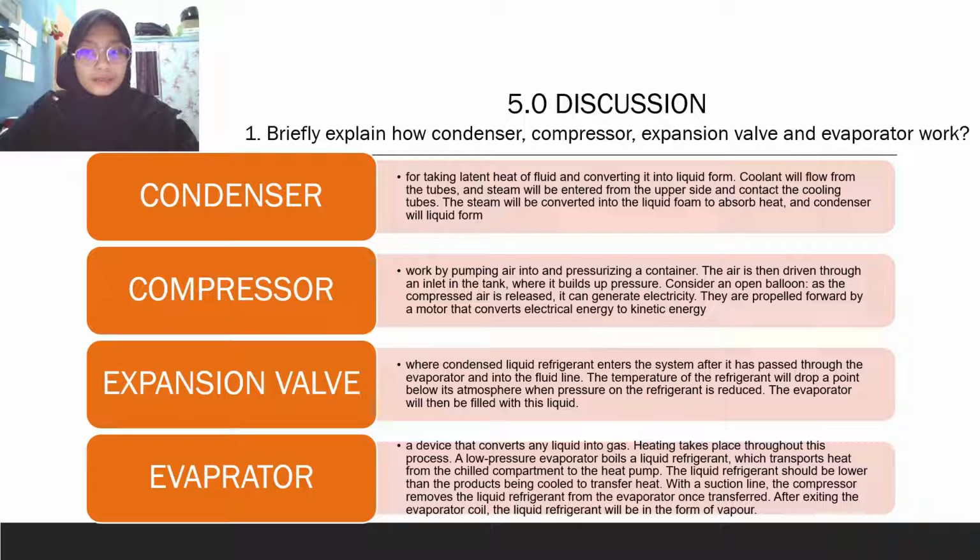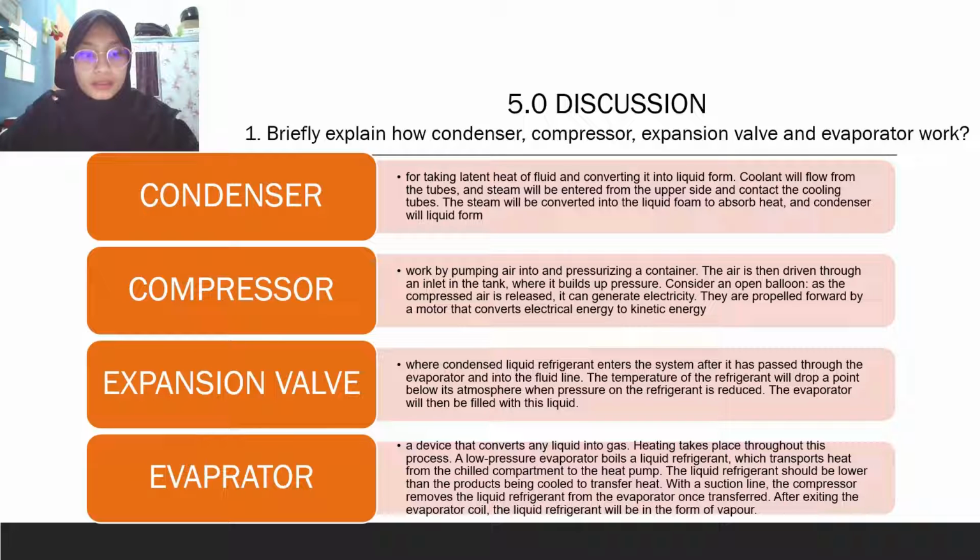Okay, next, the evaporator. A device that converts any liquid into gas, with heat taking place throughout this process. A low pressure evaporator boils a liquid refrigerant, which transports heat from the chilled compartment to the heat pump.